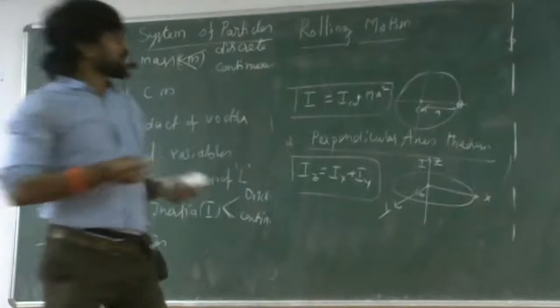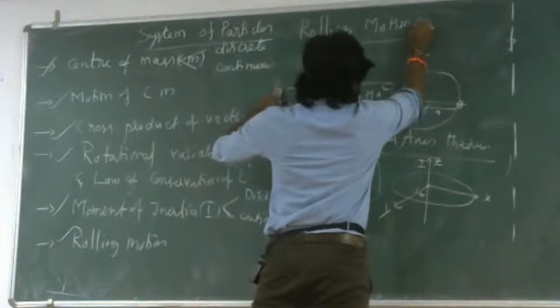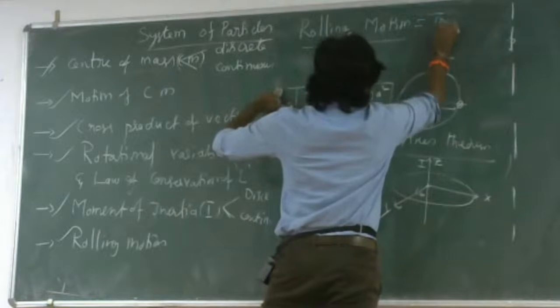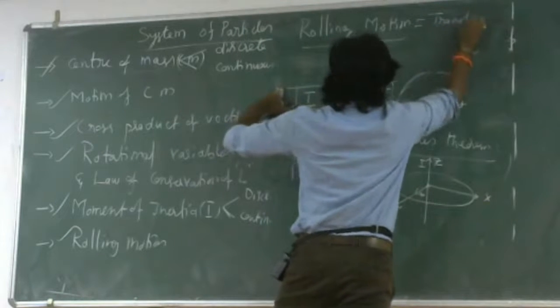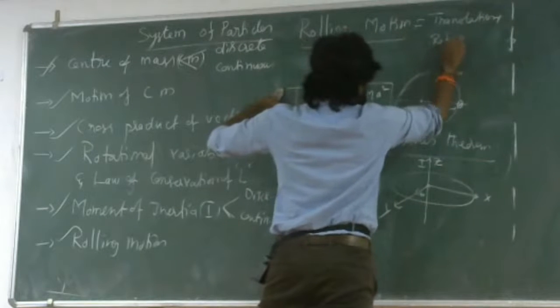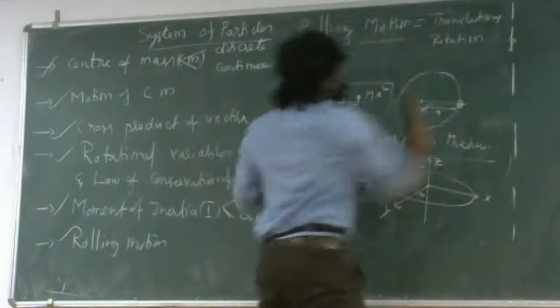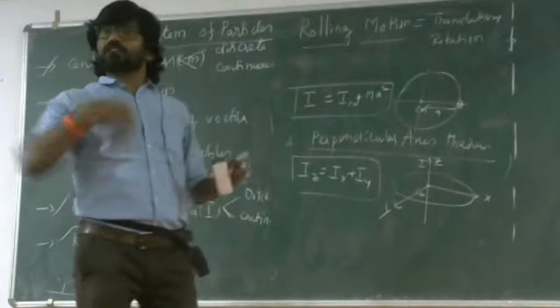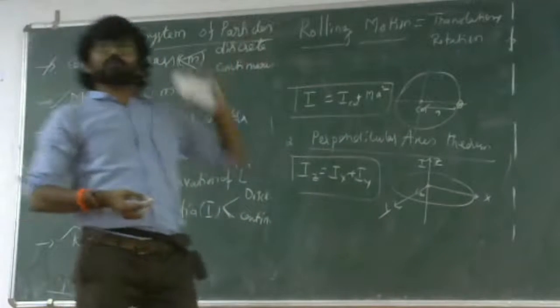Rolling motion or rolling is said to be the sum of translational motion plus rotation. Translational motion plus rotational motion together will give you rolling motion.